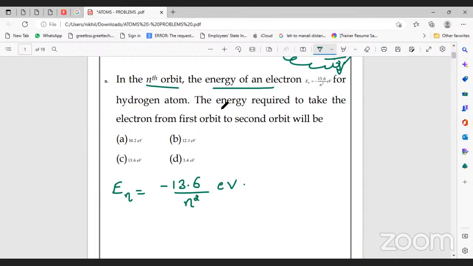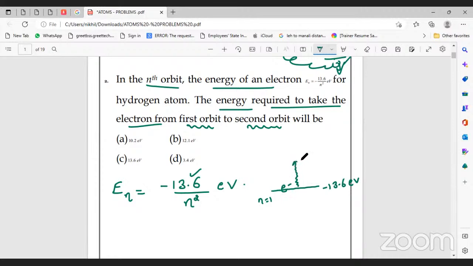Now they are asking you to find the energy required to take the electron from first orbit to second orbit. So where is the first orbit, students? Yes, this is the first orbit. N equals 1. What is the energy in the first orbit? Minus 13.6 electron volt.